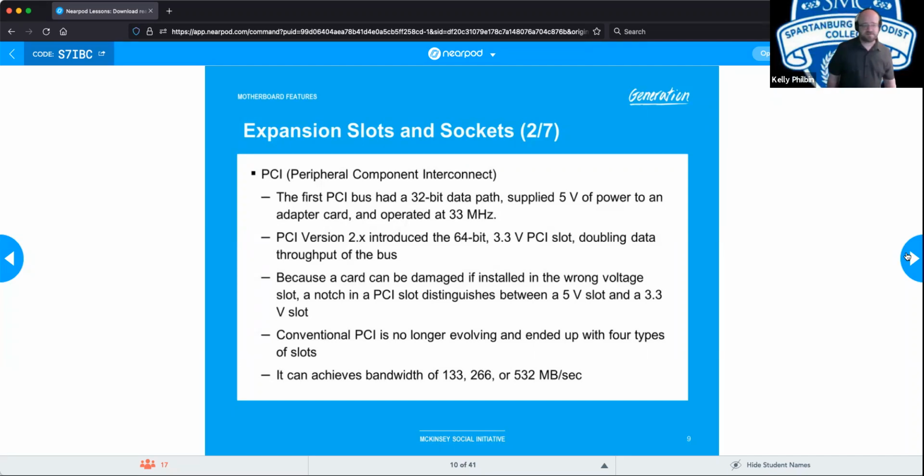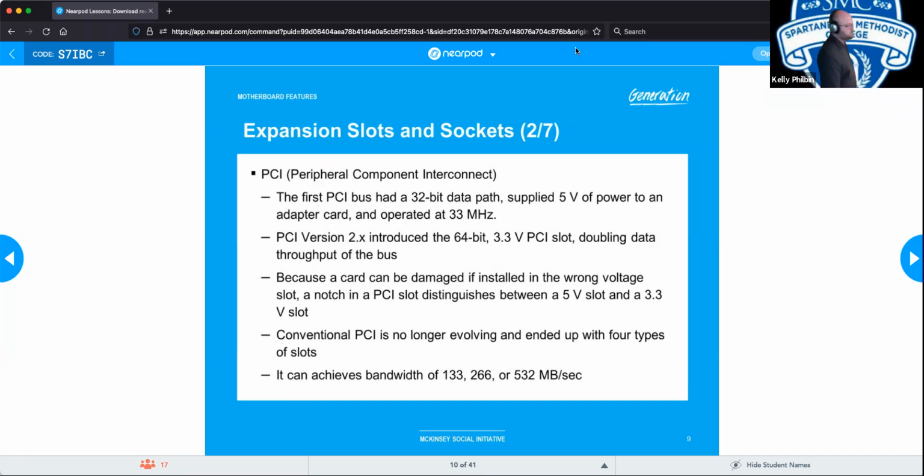That was more than sufficient to run NIC cards, sound cards, things of that nature that operated quite well. Version 2 doubled up on that, got you about 64-bit and utilized less power, which is a wonderful thing. It allowed for more powerful expansion components to be added to the systems.